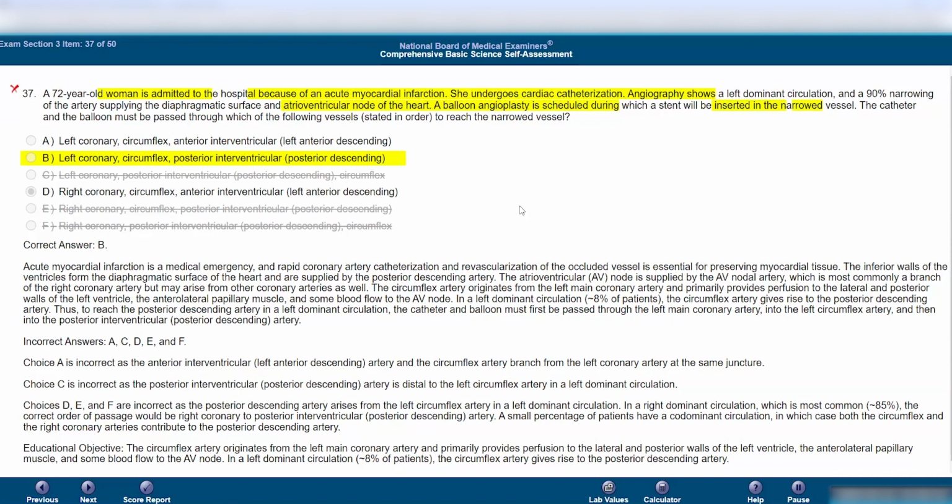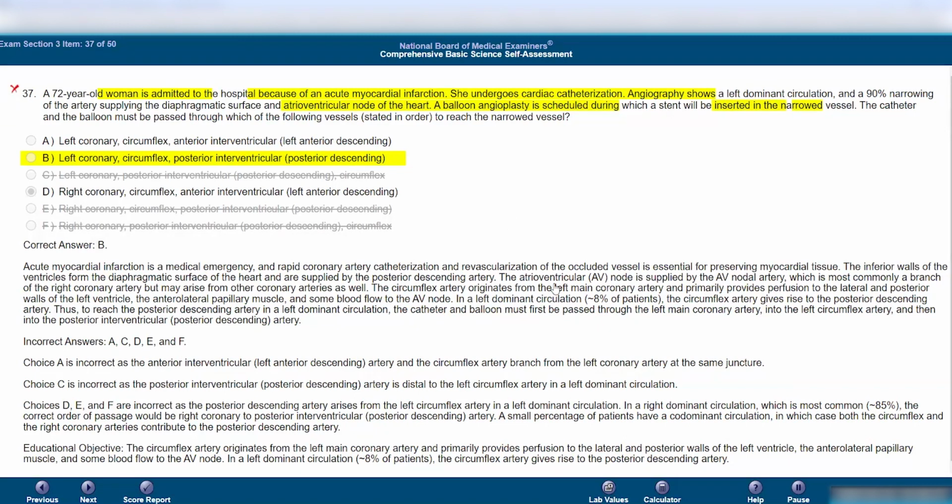But this question basically asks what artery covers the AV node, and I was under the impression that it was left anterior descending, but apparently it's the posterior descending.